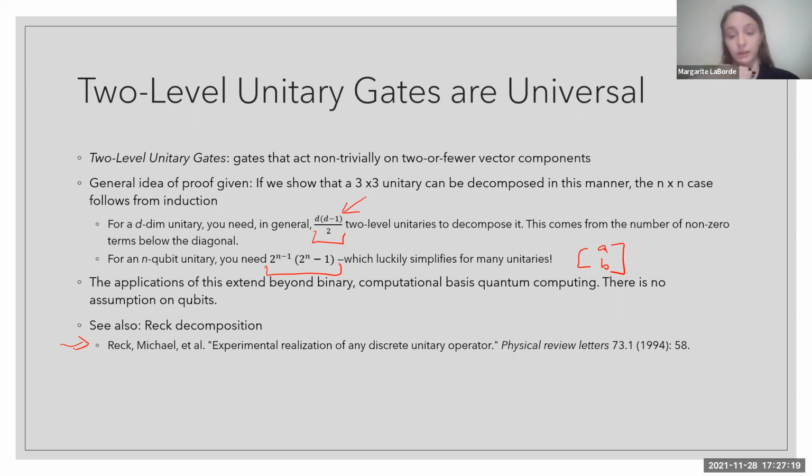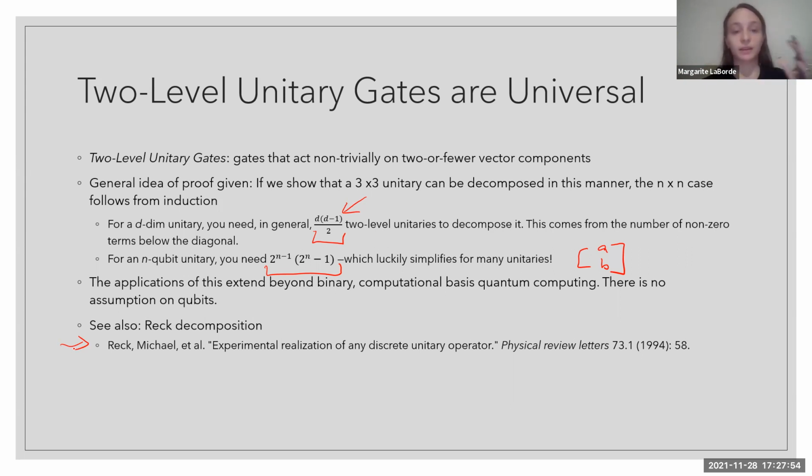So you have an optical model of quantum computing, and you have beam splitters and phase shifters, which you can represent as 2x2 matrices. So those are naturally two-level matrices. And Reck decomposition uses this sort of approach to break down how to do an arbitrary unitary in terms of optical elements, so you can build it on an optical tabletop. So, you know, this is very ironically universal as far as quantum computing goes.